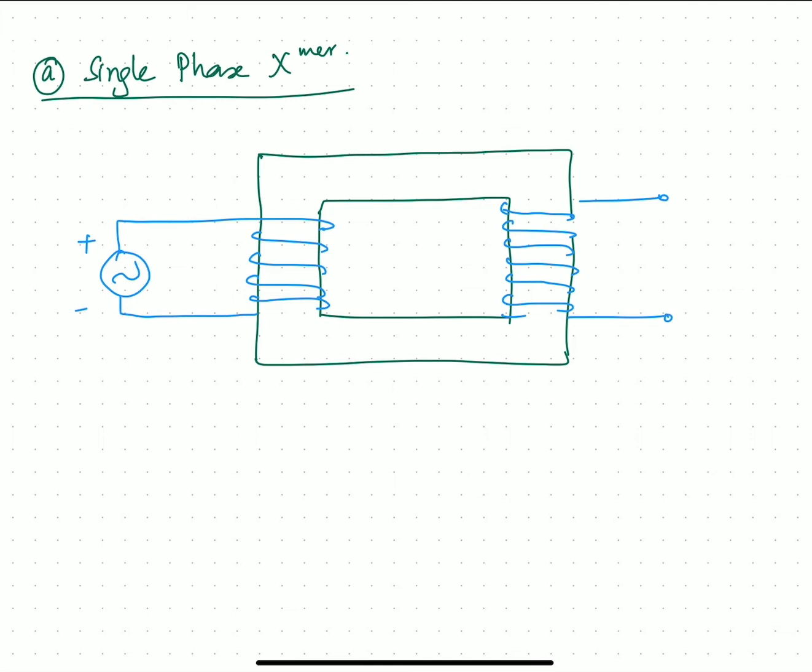So if I label this as EP, this I label ES, this is the voltage of the primary side, this is the voltage of the secondary side. EP and ES refer to the induced voltage in the primary and induced voltage in the secondary.